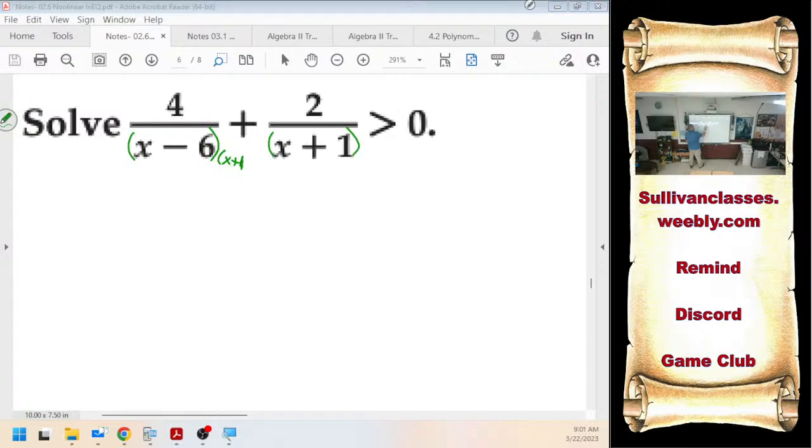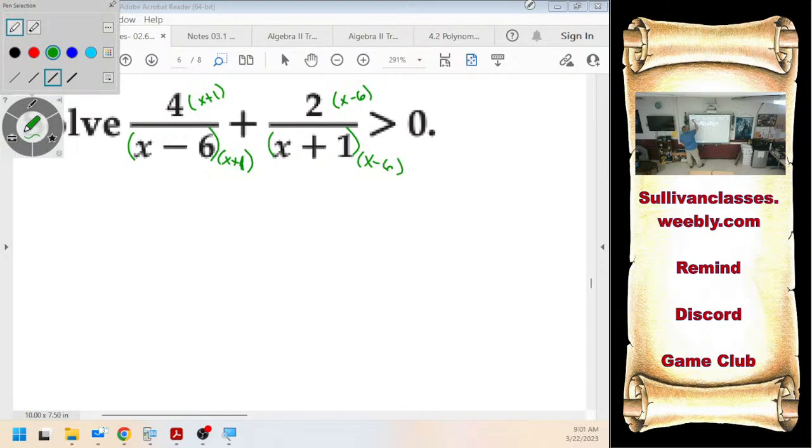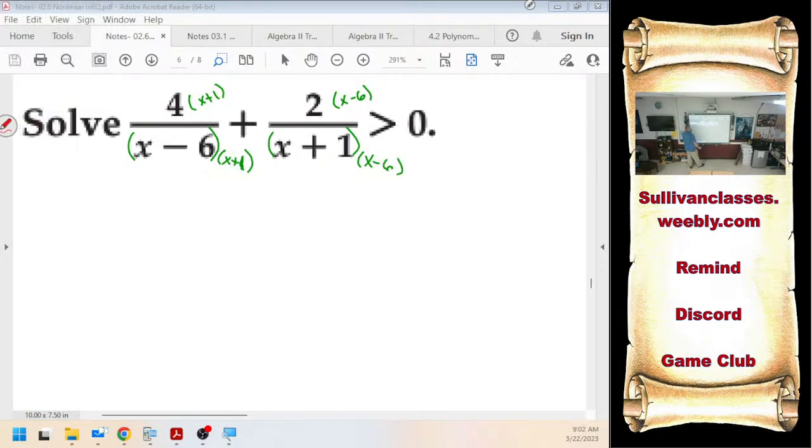X plus 1, x minus 6. So, up top, I've got 4x plus 4 plus 2x minus 12. Downstairs, I've got an x minus 6 and an x plus 1.